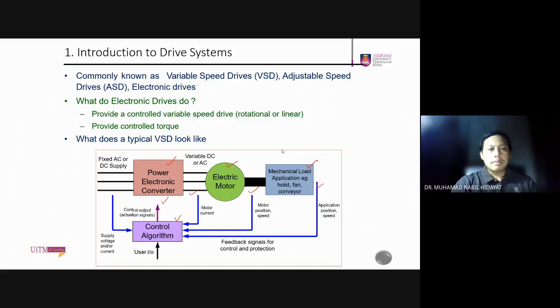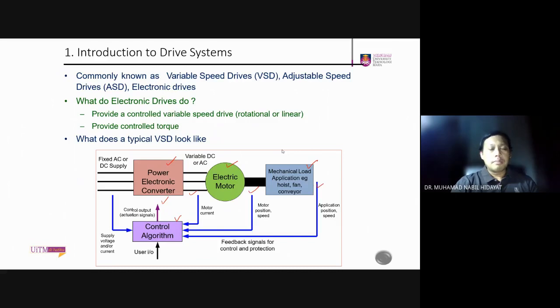Depending on the type of motor that you have, it's either a DC or AC drive. The power will be supplied by the power electronic converters that will also be connected to a fixed power source. The power source can be AC or DC.